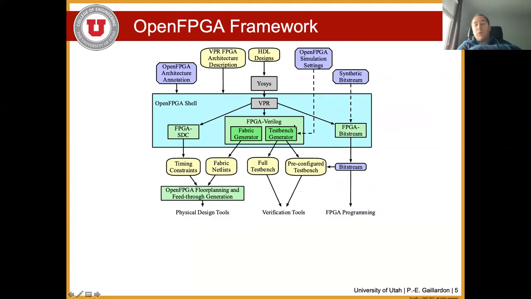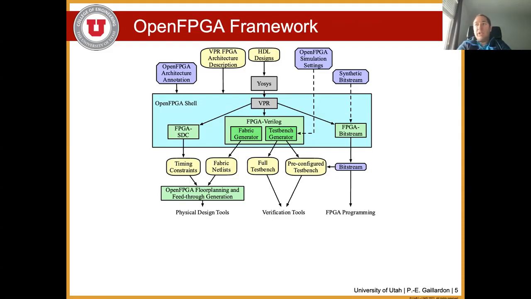Yosys and VPR are very well-known tools in the open source community. Yosys for handling behavioral synthesis, and VPR for architecture exploration of FPGAs. This is also what is used as core to SymbiFlow for supporting Xilinx 7 series FPGAs, right? So we rely on the same underlying engines.